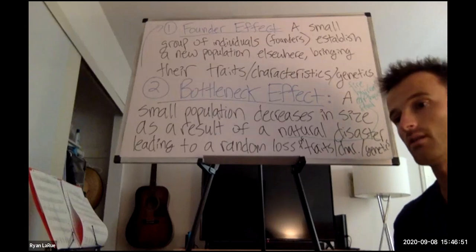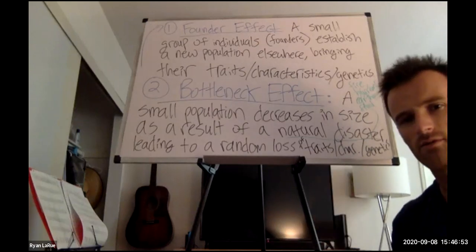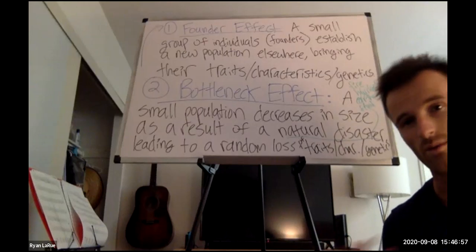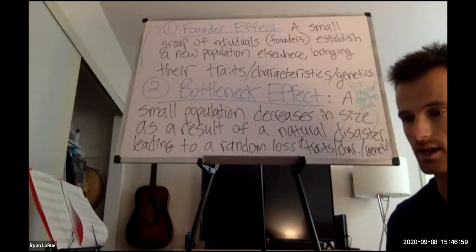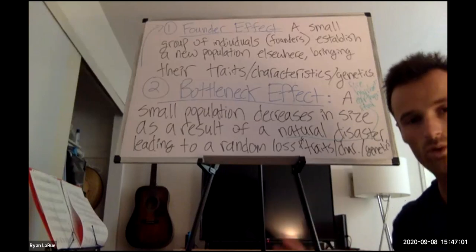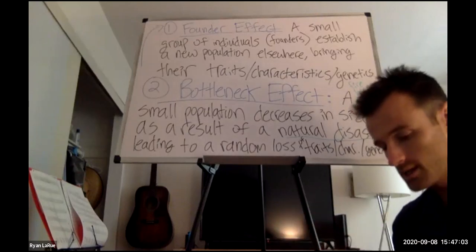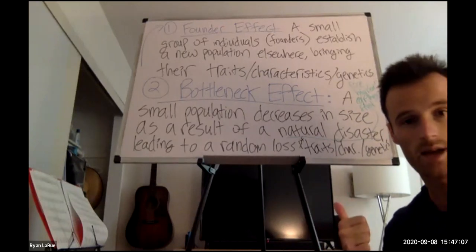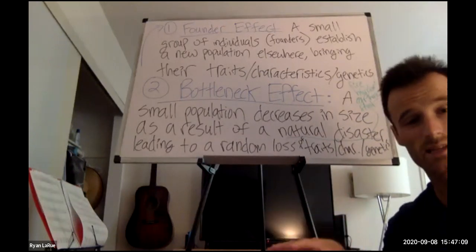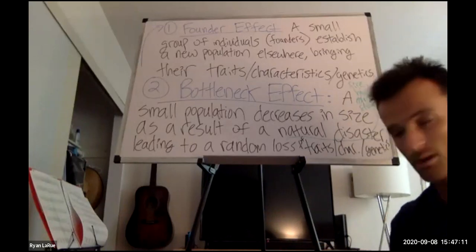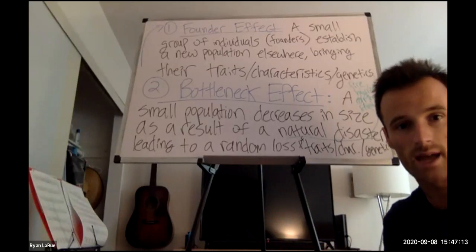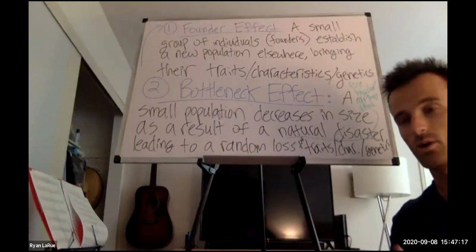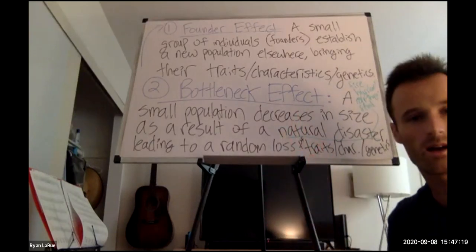If an organism has a high amount of fitness, it has a high chance of survival and reproduction. But the gene pool after a genetic bottleneck, after a natural disaster, may be less fit. It might have wiped out all the mice that blend in really well, and the mice that are left over are the ones that are easily visible to the hawk.